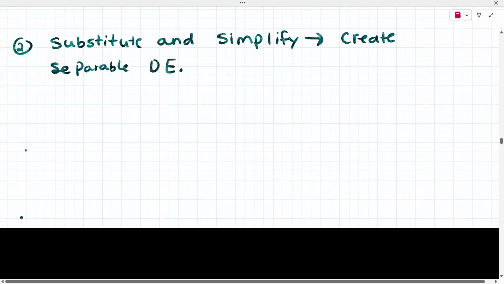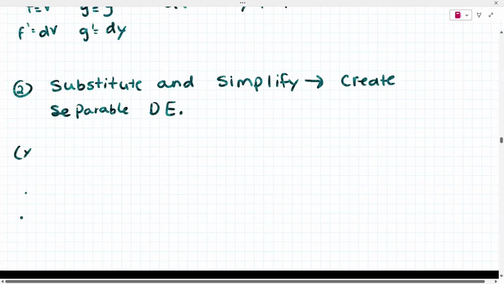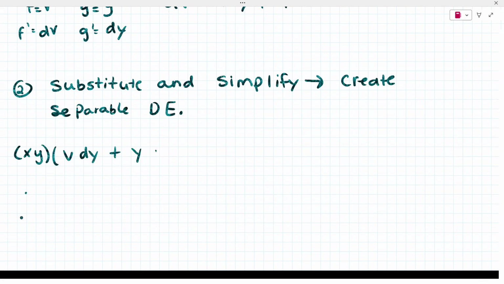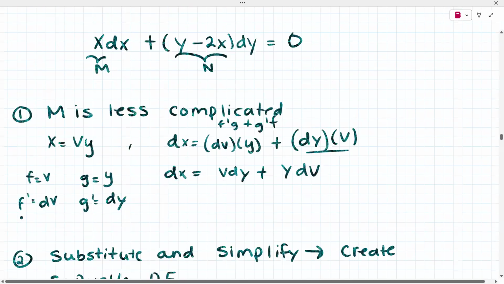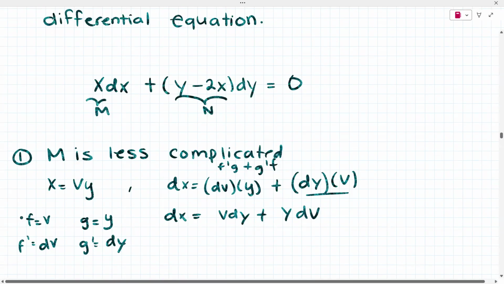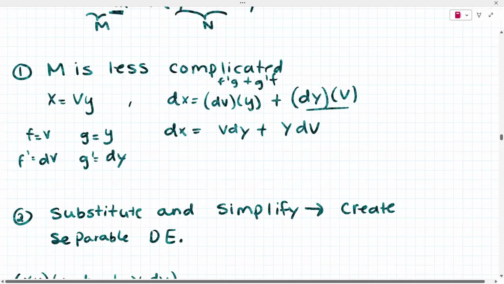So it's going to look like this: xy times v dy plus y dv. See, I just replaced x with vy, and then I replaced dx with v dy plus y dv.